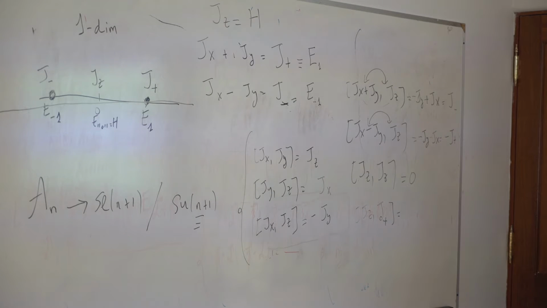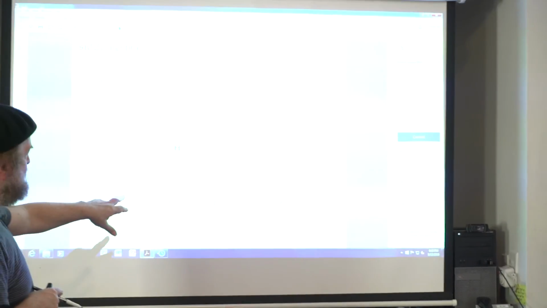Did I do it right? It gives you a J plus. But it's anti-symmetric, right? If I reverse the order, I should have something which changes sign. That's strange, it gives me the opposite. Anyway, here I have my commutator.